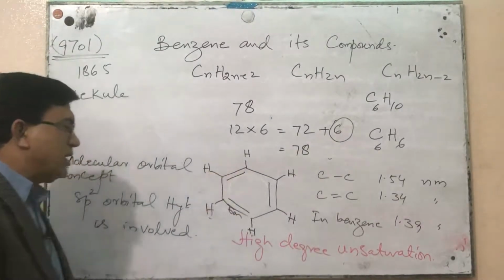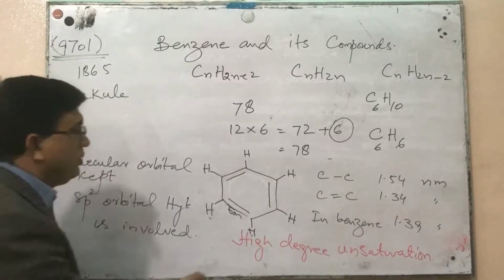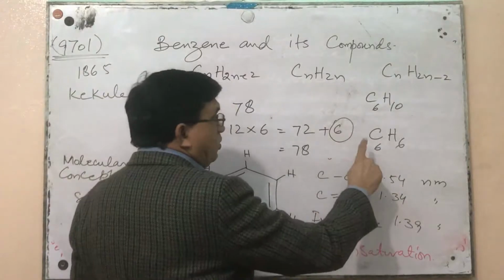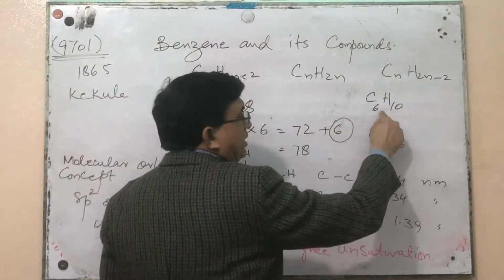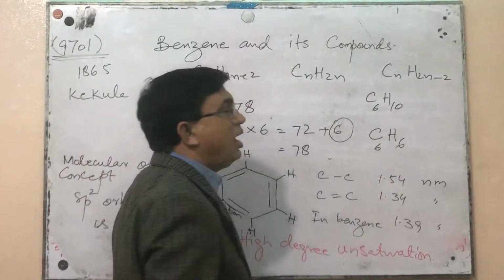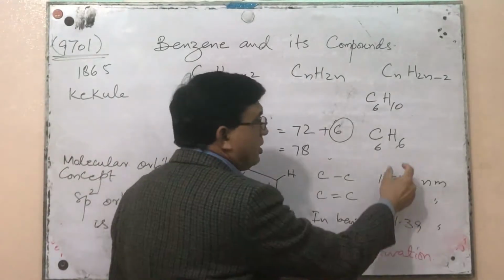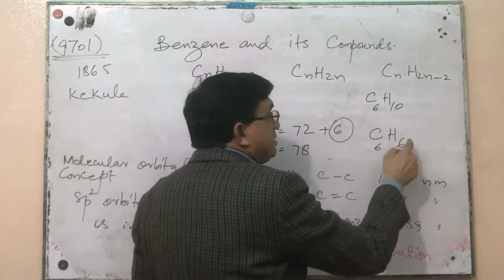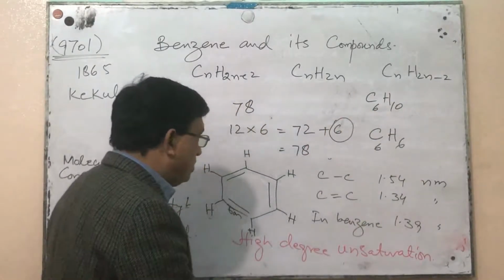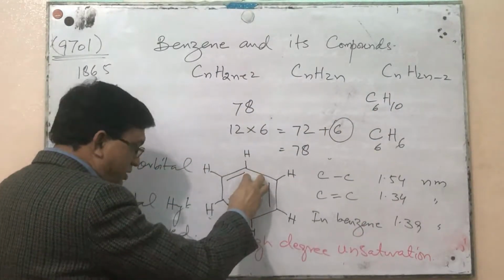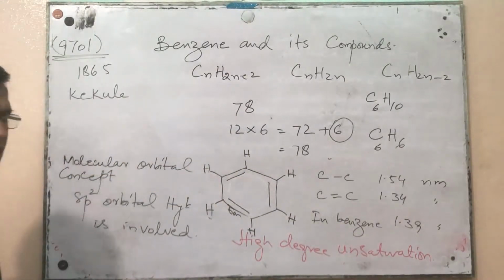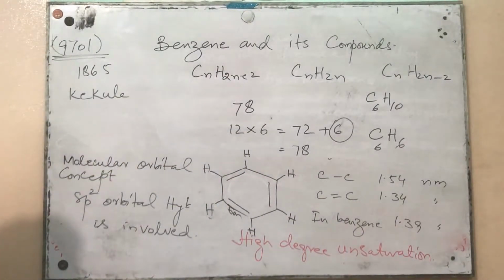So this will become the structure of benzene. According to the general formula, there should be 10 hydrogens, but only 6 are present. It means that the benzene ring is very short of hydrogen, which means a high degree of unsaturation is there in benzene.